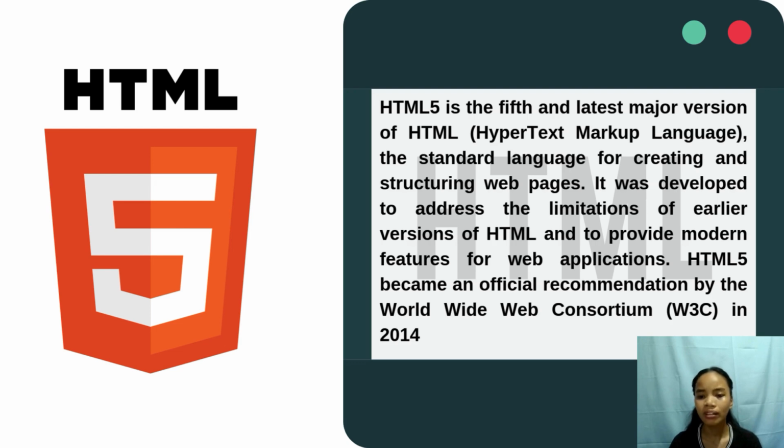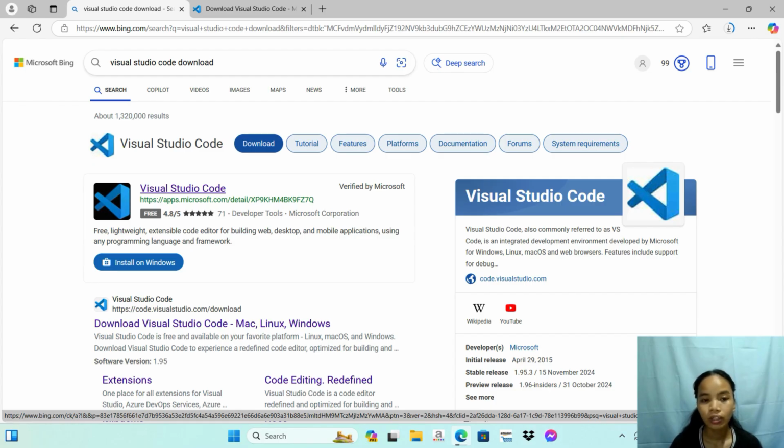So let us know what are the applications that we can use in creating web pages using HTML5. We have here the Visual Studio Code. We can utilize these applications to create web pages using HTML5, but we can also use the Notepad in our laptop or our PC. So let us download this Visual Studio Code.